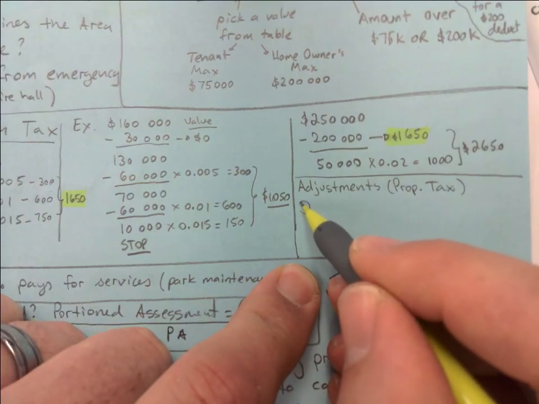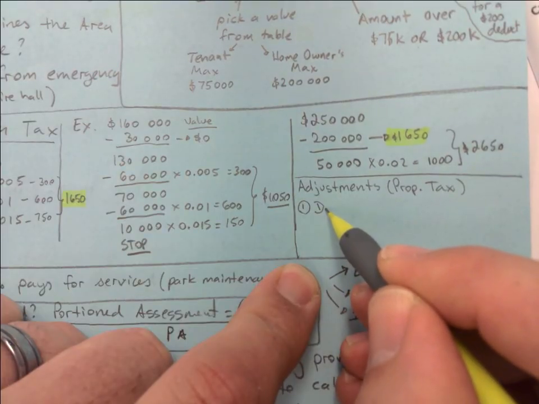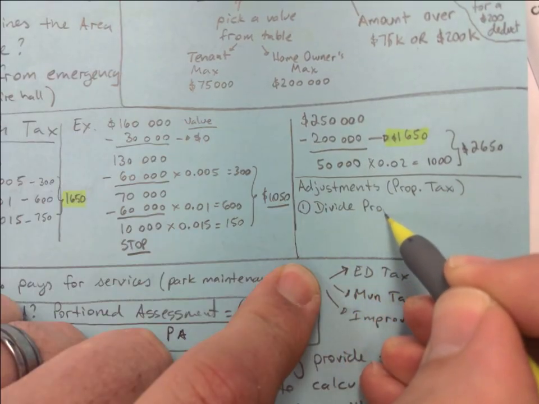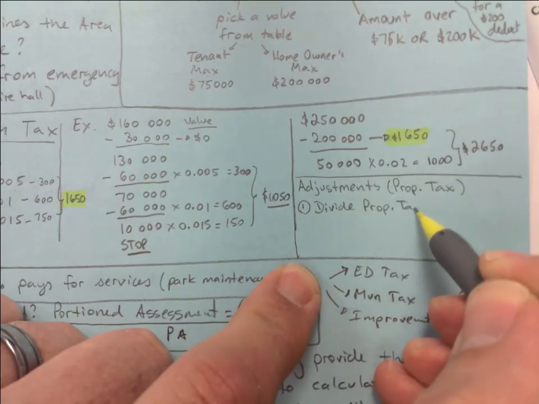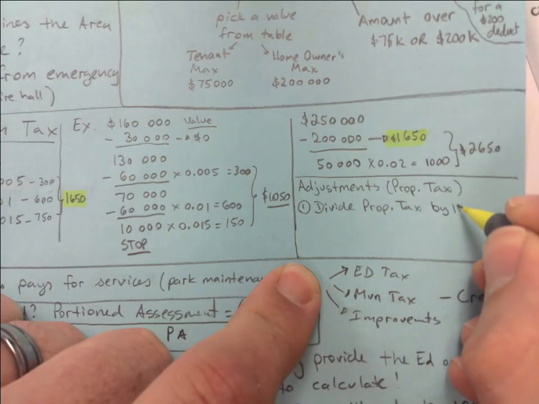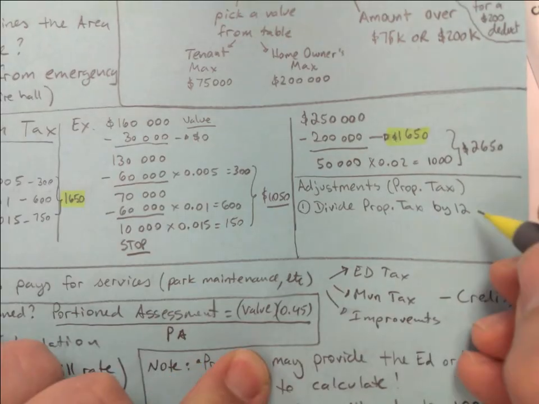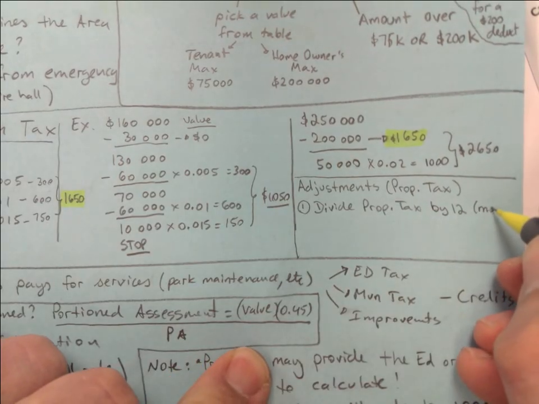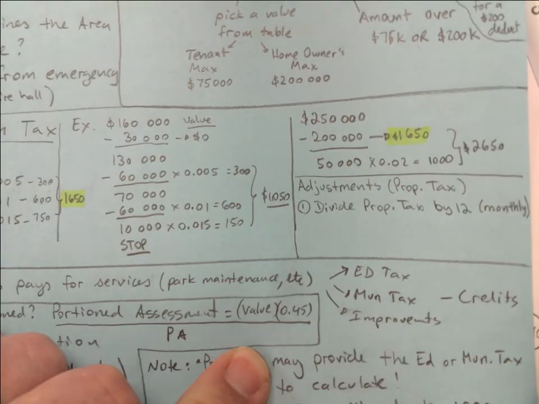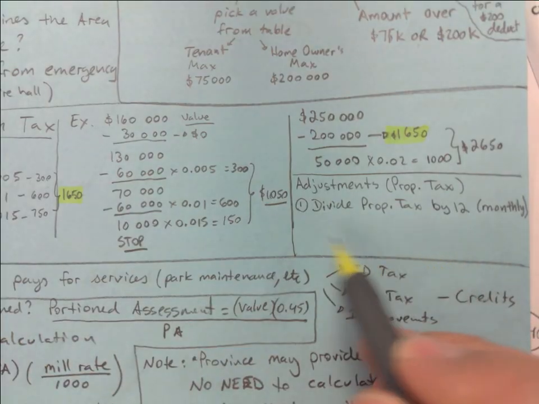Step 1, divide property taxes by 12. This is to get your monthly. Divide property taxes by 12 to get your monthly.